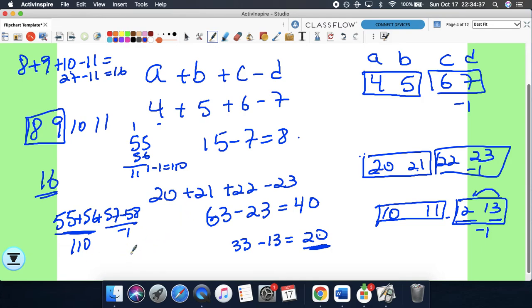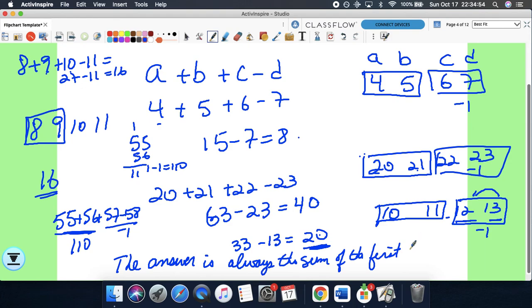Okay, so the answer is always the sum of the first two consecutive numbers minus 1. Okay. All right, that's that.